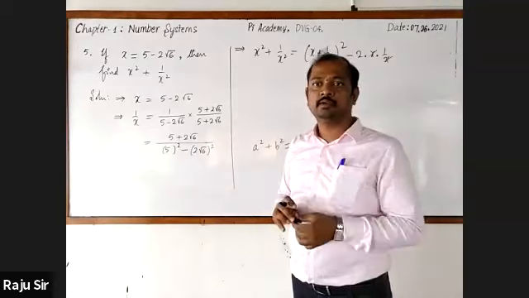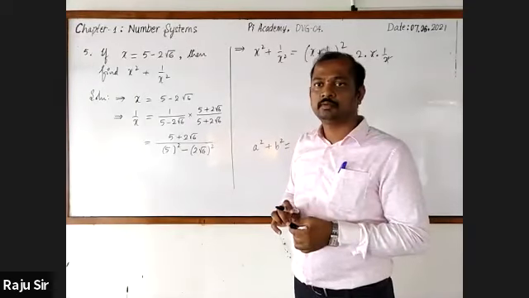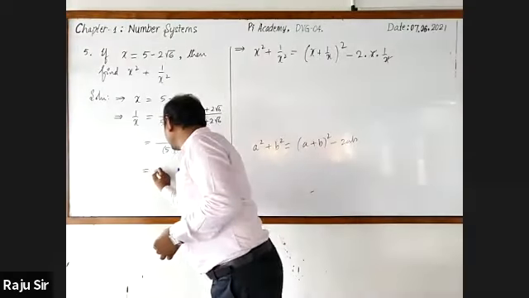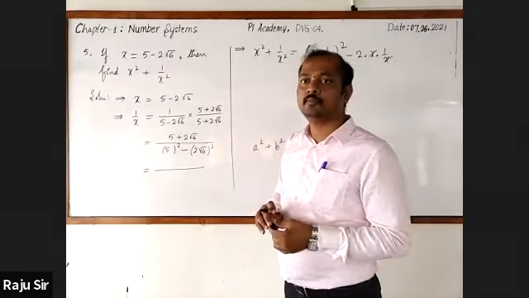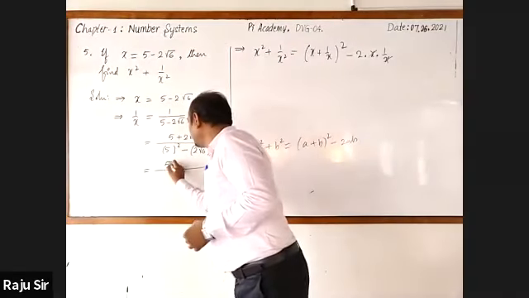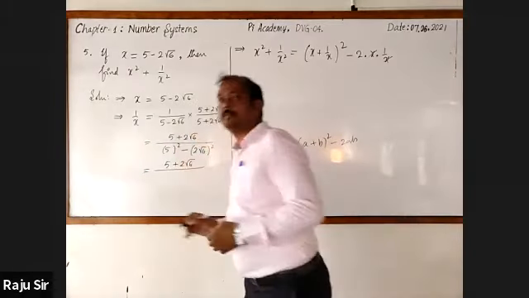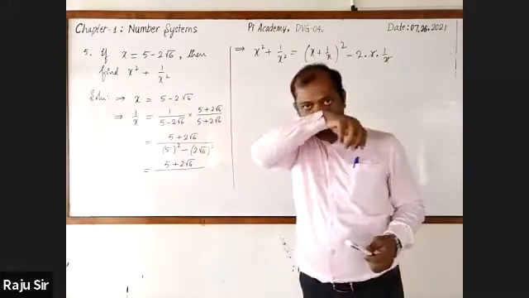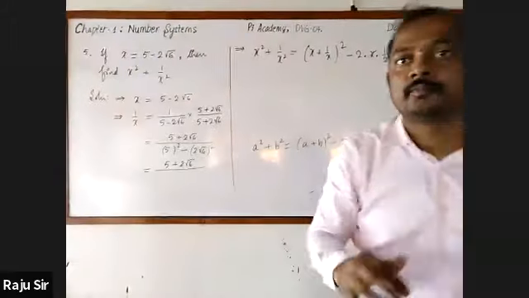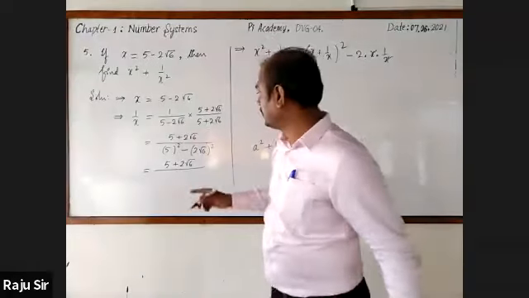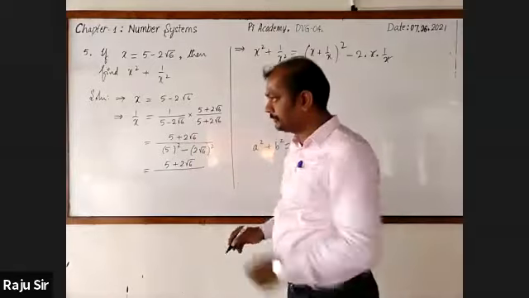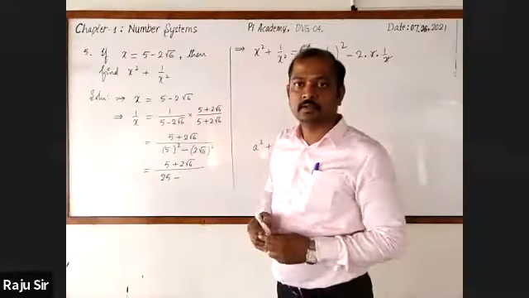You may even write the value directly. This is equal to 5 plus 2 into root 6 by... What is the value of 5 square? 25.